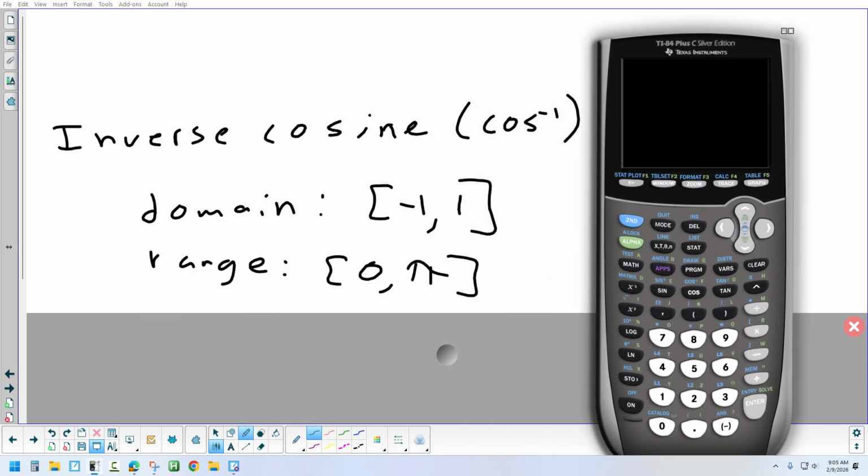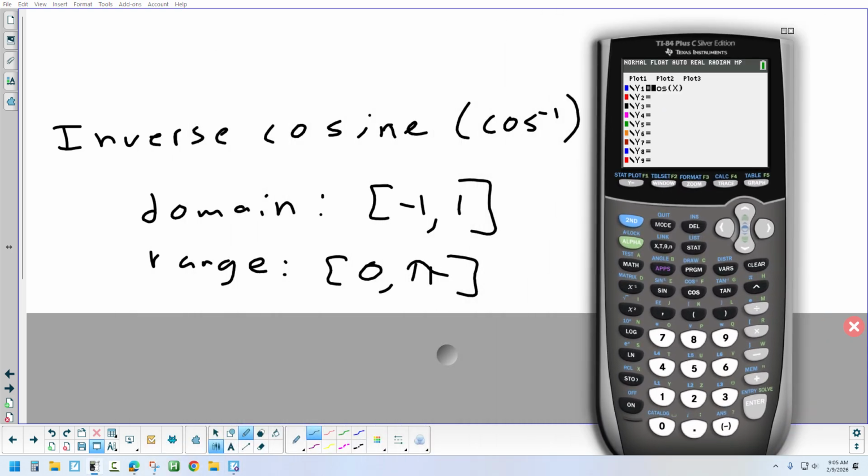Okay, let's graph it. Oh, I need to clear that, sorry. Now, my X-min and X-max, oh, I changed everything, so let's fix it.